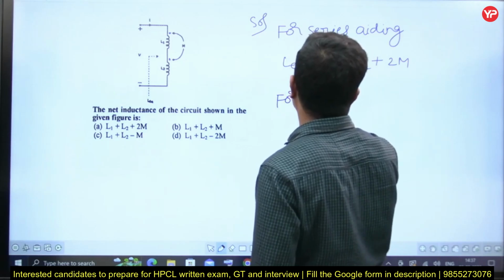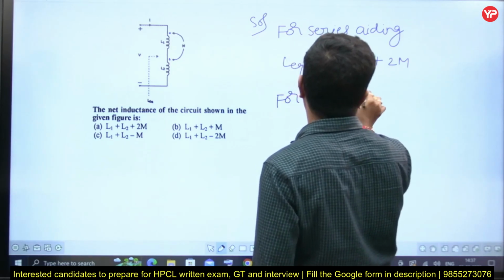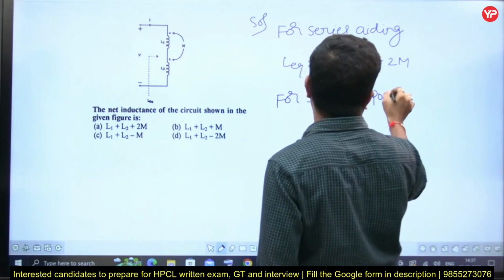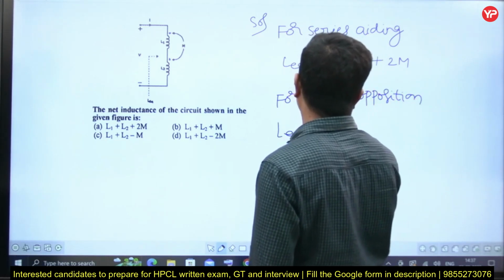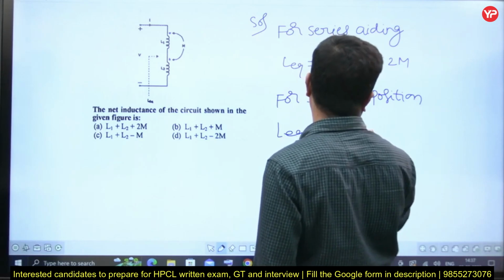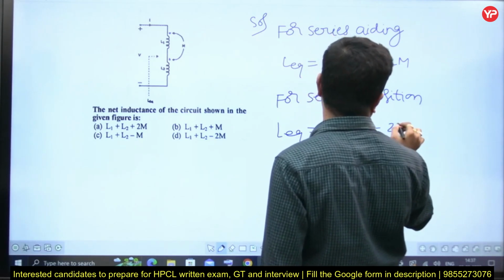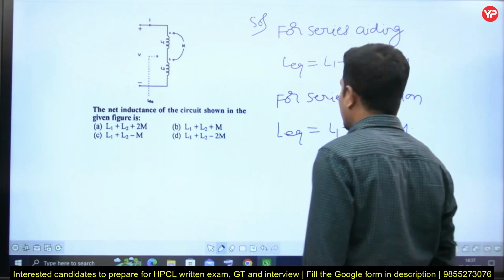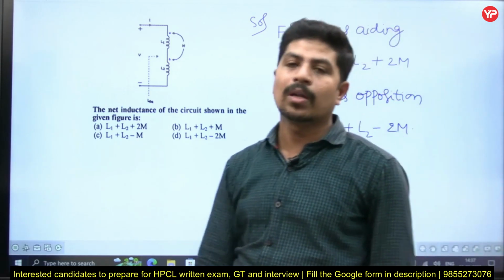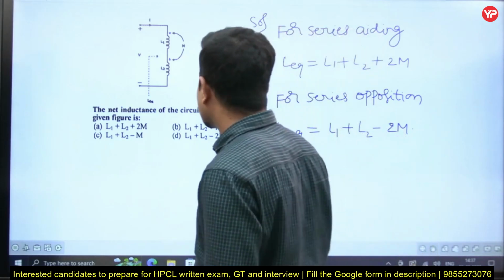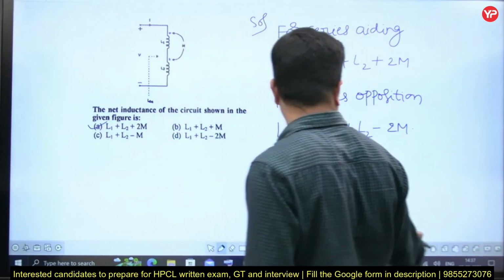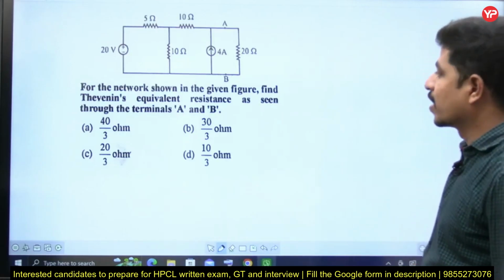For series opposition, L equivalent is equal to L1 plus L2 minus 2M. Clear? That one you have to remember. Let's go to the next question. The answer here is choice A, direct answer. Let's go to the next question.